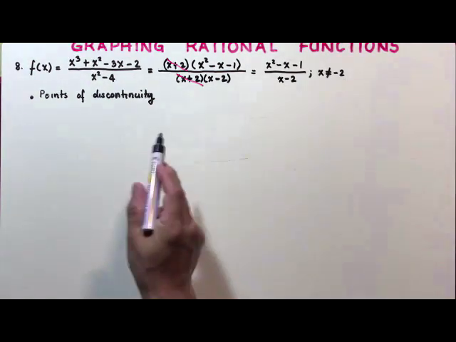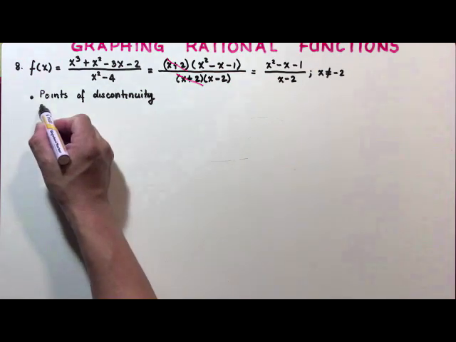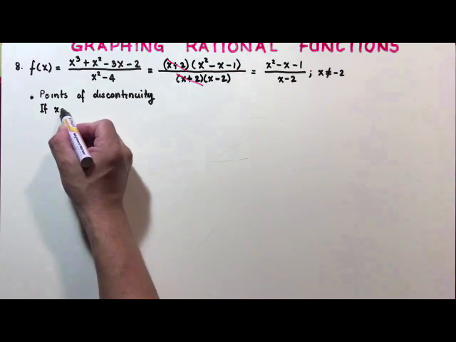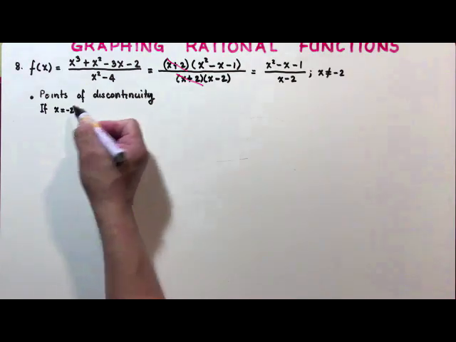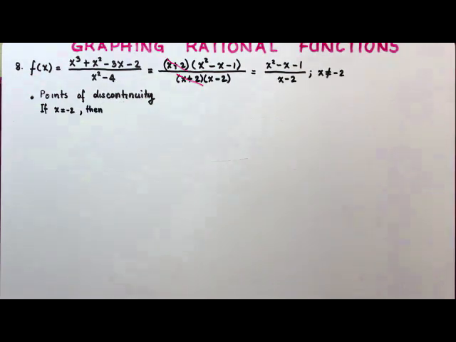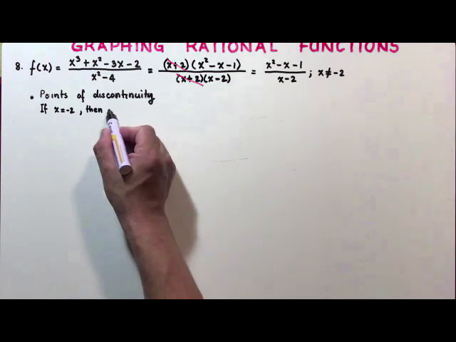And because we have the cancelled factor, that value of x is the x-coordinate of our point of discontinuity. So looking for the value of y, if x is equal to -2, then we can find the value of y. Although this point is not found in the graph of this rational function, we need to find the coordinates of this point so that we would know what is the hole of the function.